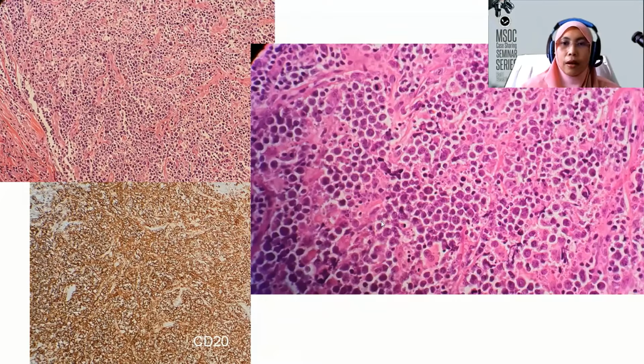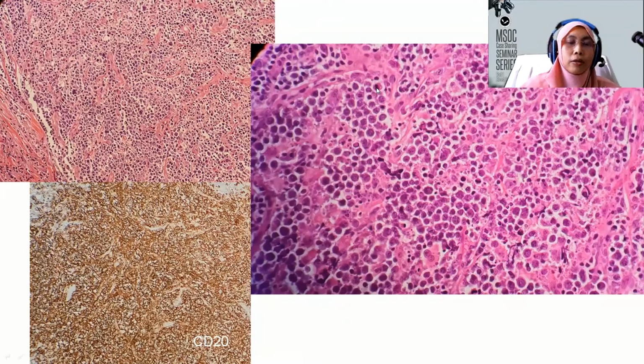So it turns out that there is diffuse infiltration by malignant lymphoid cells, which are larger cells with scanty cytoplasm, and some cells have multiple prominent nuclei. If you can appreciate, apoptosis is obvious.